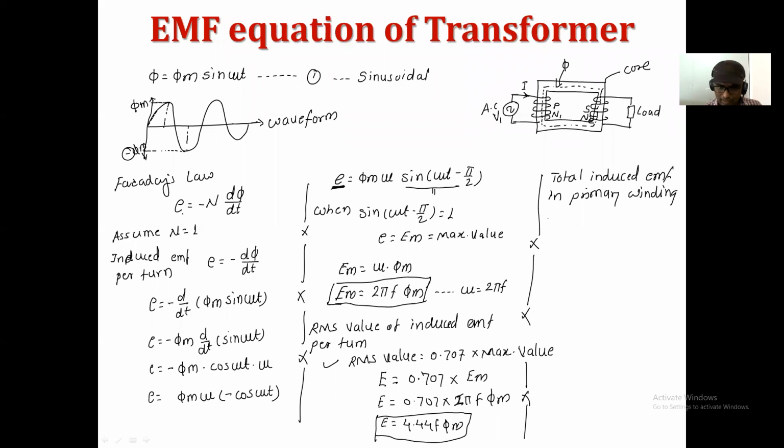So I say that E1 is the RMS value of the total induced EMF in the primary winding, which is equal to 4.44 f phi m N1. लक्षात आलं का बघा? मी काय केलं, फक्त ही 4.44 f phi m ही जो आहे ही एका टर्न साठी RMS व्हॅल्यू इंड्युस्ड EMF ची असणार आहे. त्याला जर N1 न मल्टिप्लाइड केलं तर टोटल इंड्युस्ड EMF मिळालं.